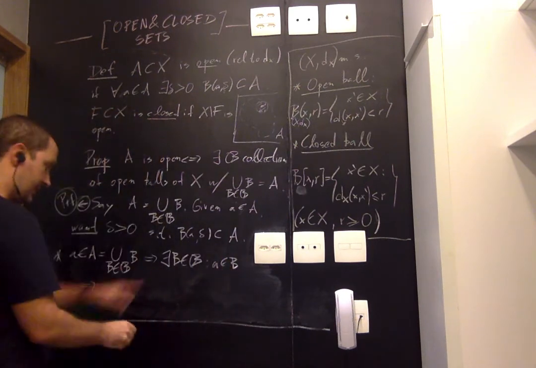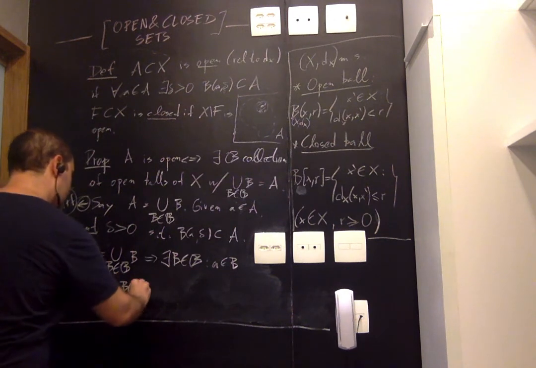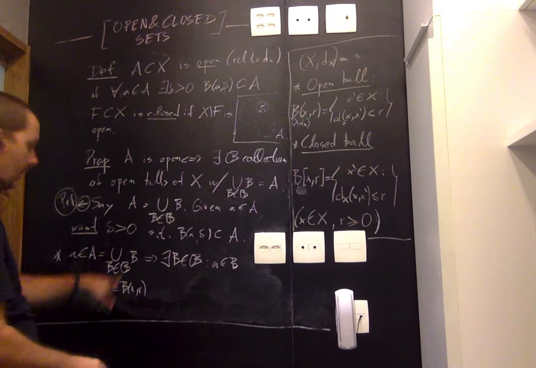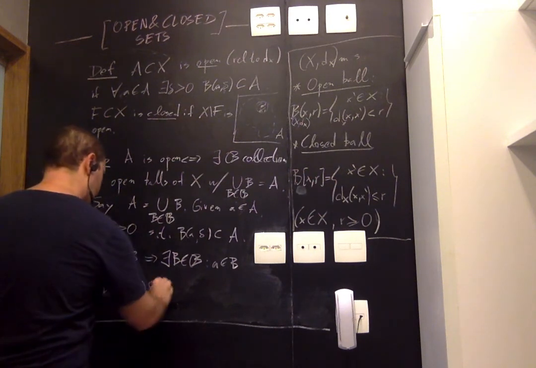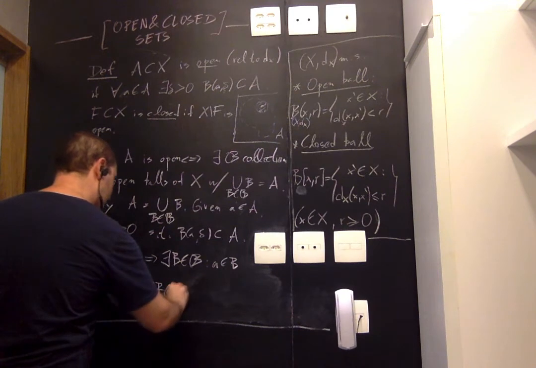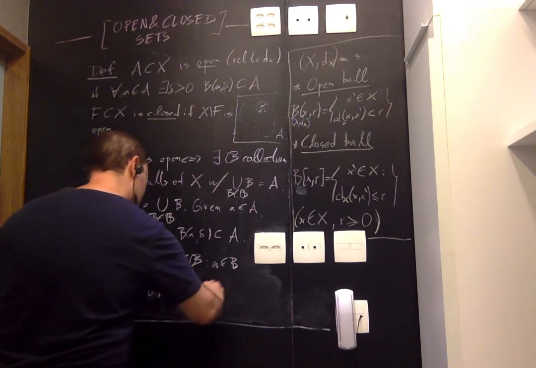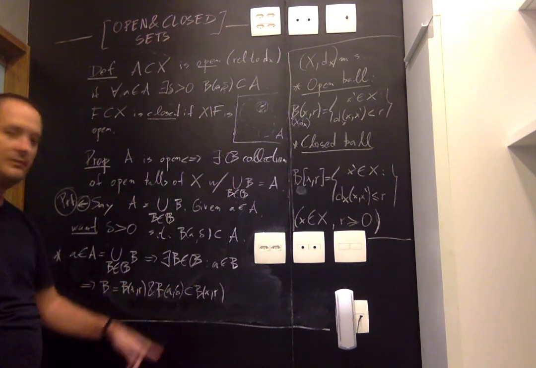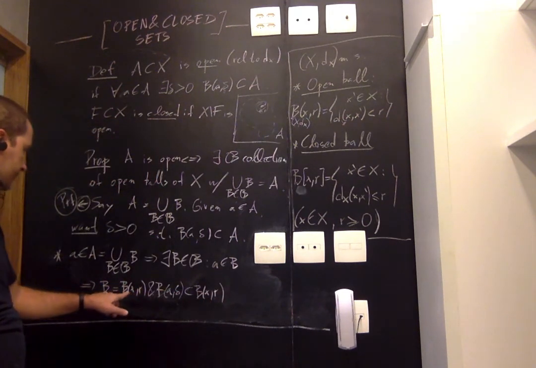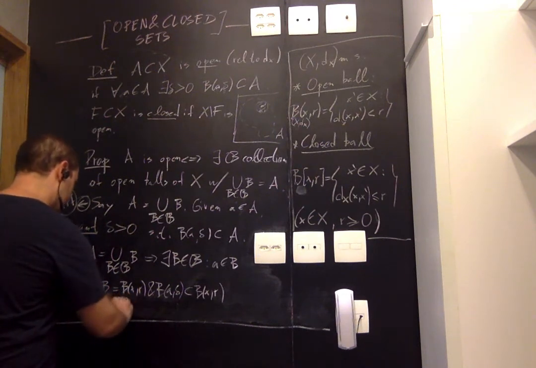And this set is a ball, so it has the form B(x, r). By what we showed previously, this is an open set. So we have that the open ball of radius delta around a is contained in B(x, r) for some positive delta, where r is greater than 0.